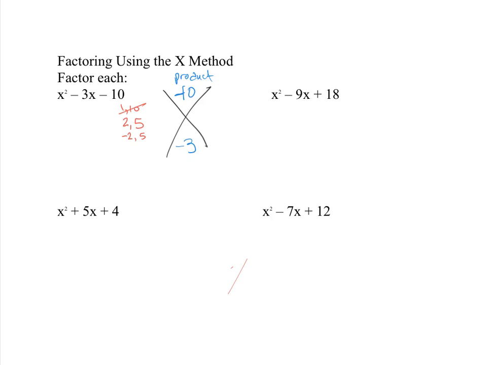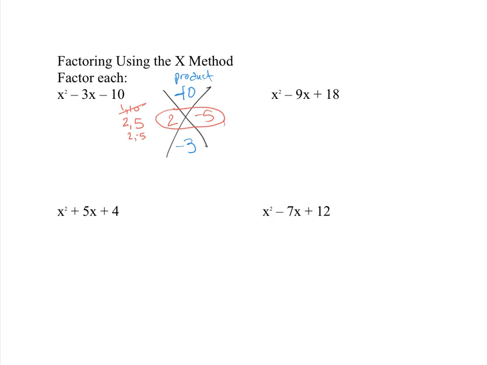So instead, I'm going to make this a -5, and that a +2. Now if I put 2 here, -5 there, I can multiply these two to get -10, and I can add these two to get -3.